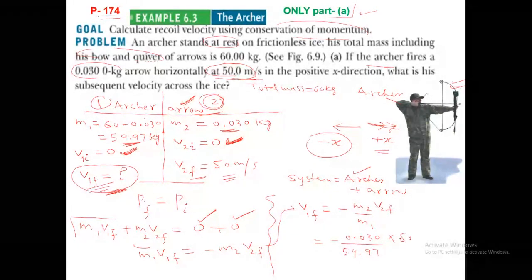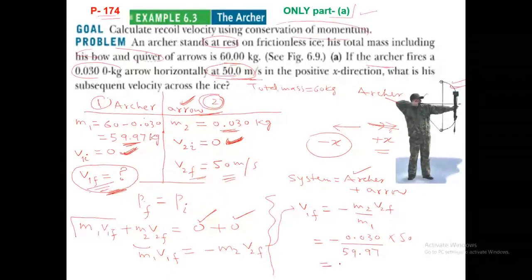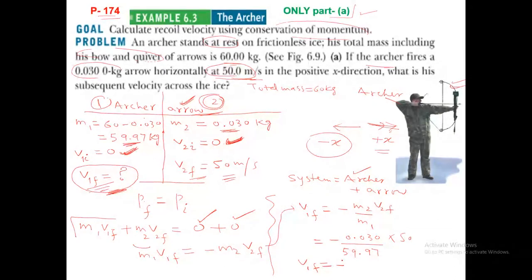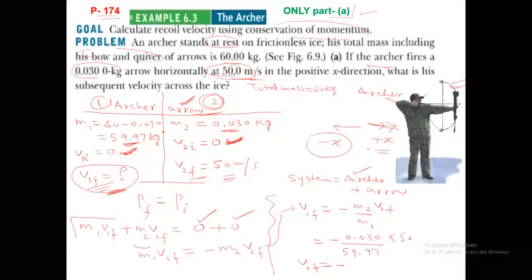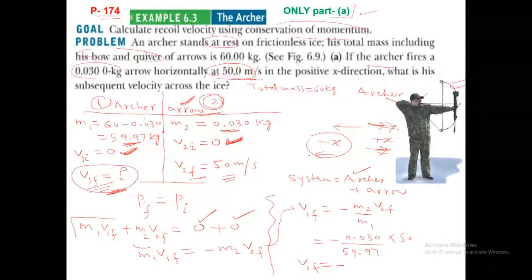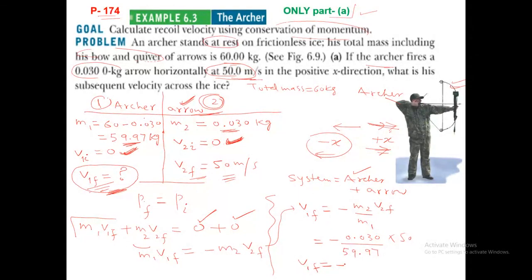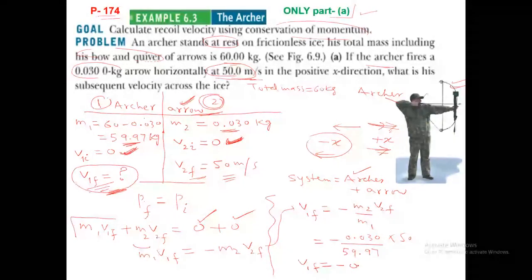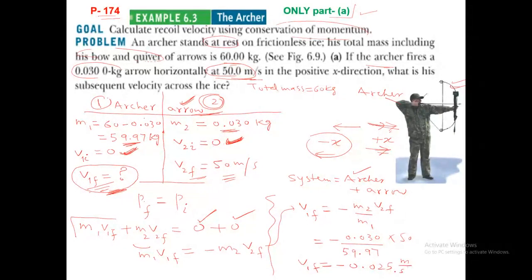So you would get V1F minus, because I told you in the beginning that the arrow is being fired on the right side, so the person will feel a little jerk, a little motion in the opposite direction, minus x-axis. So I told you that you will get minus, so it's okay. 0.025 meter per second. This is your answer.